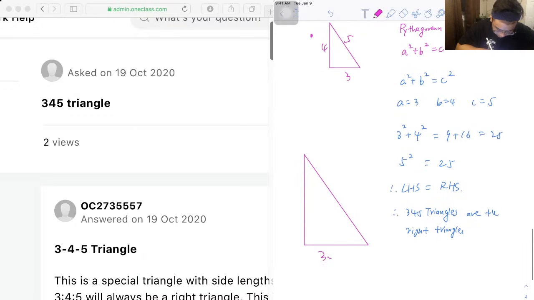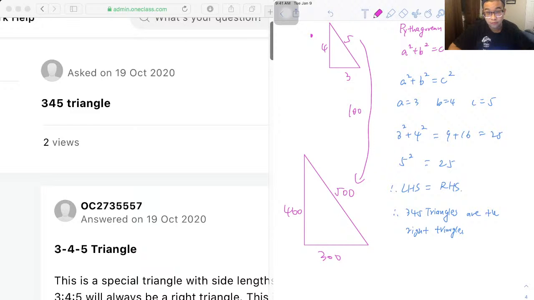Let's say that's 300, 400, and 500. And this is still going to be a right triangle following Pythagorean theorem, as we just increase each side, multiply 100 times, right? Because 5 times 100 is 500, 3 times 100 is 300, and 4 times 100 is 400.